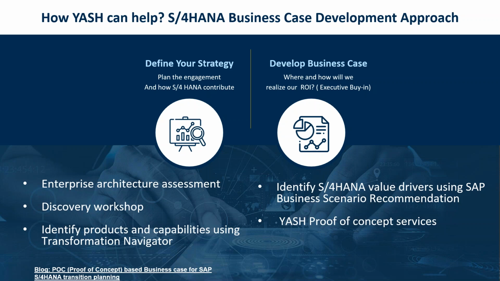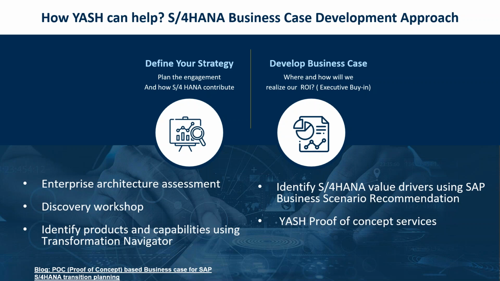Once we understand these two things, we marry your to-be enterprise architecture with your business strategy. This is a very important step. Unless you marry these two, it's very difficult to get business buy-in for your S4HANA project.